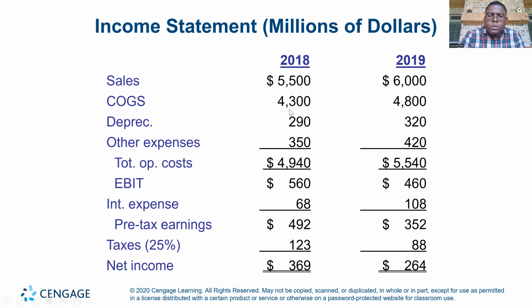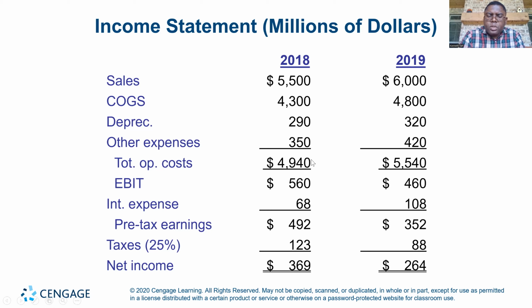So we have the cost of goods sold, we have depreciation, we have other expenses. If we take cost of goods sold, depreciation, and other expenses, that is going to give us our total operating costs.